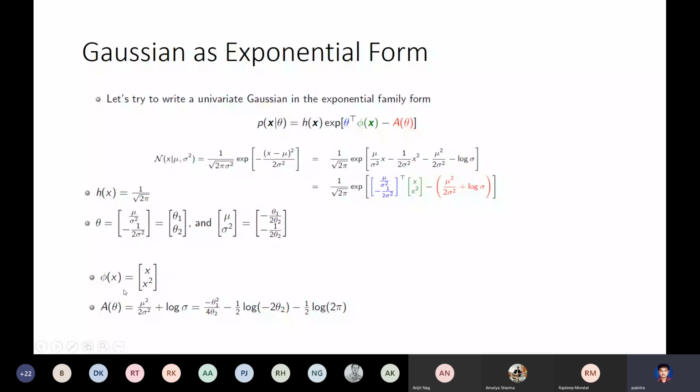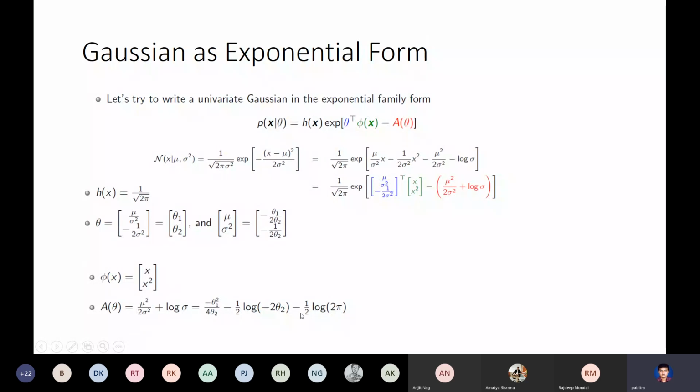What is phi(x)? Phi(x) is x and x square. Note that this phi(x) I call the sufficient statistics. To estimate a Gaussian distribution, the sufficient statistics are the first moment and the second moment. What is A(theta)? A(theta) is this particular form.